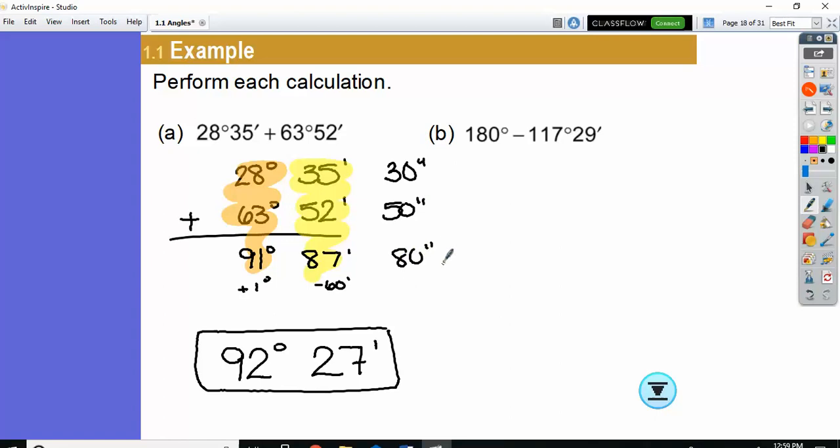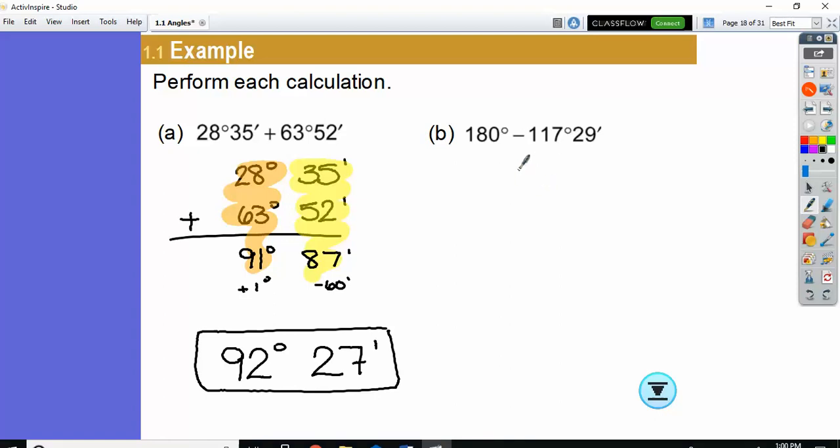That would have given me 80 seconds. So then what would you need to do with your seconds? Right. You would take away 60 of those and turn it into a minute. And so we would have 28 minutes and you took 20 seconds. Okay, so whether your minutes or your seconds turn out to be bigger than 60, that's the only time you have to do that.